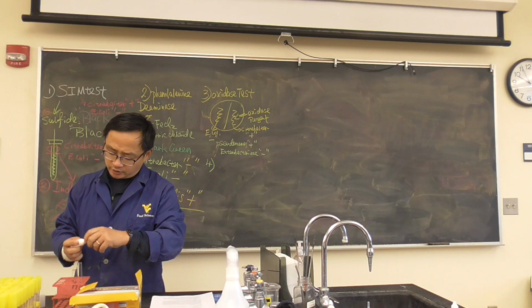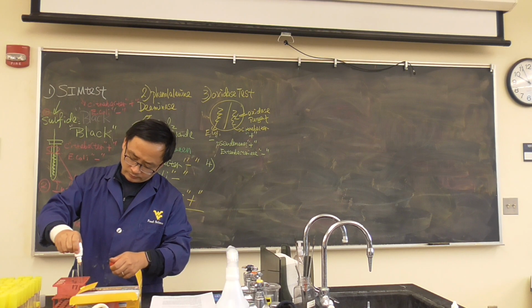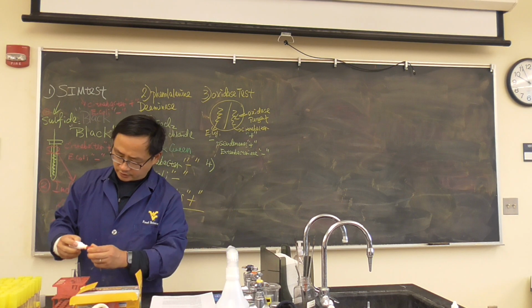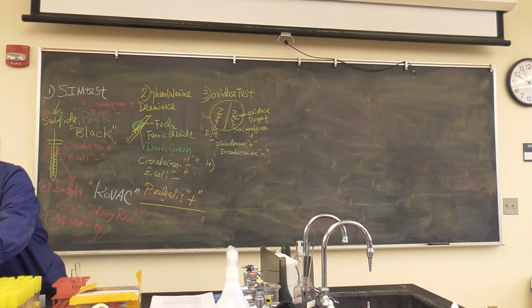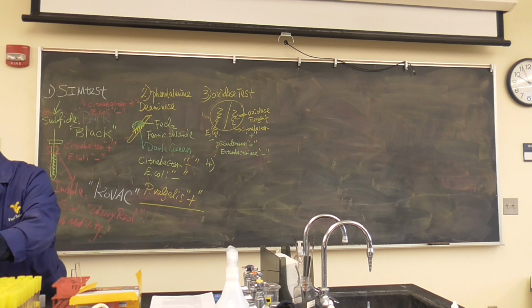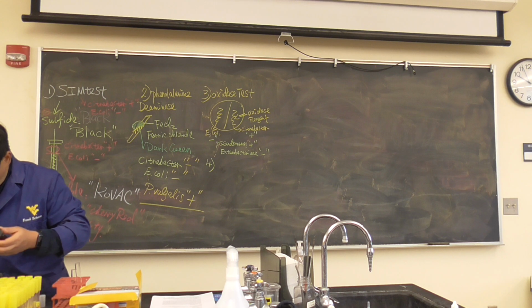Okay, one of them you're gonna add a methyl red. If it doesn't have it, then it's gone. Let's focus, plus the reagent A. Reagent B. I'll find it for you.